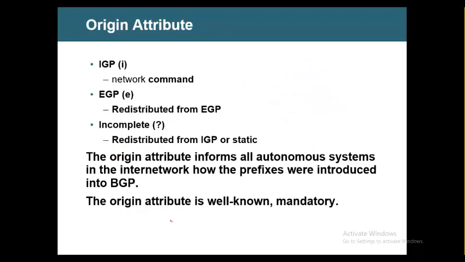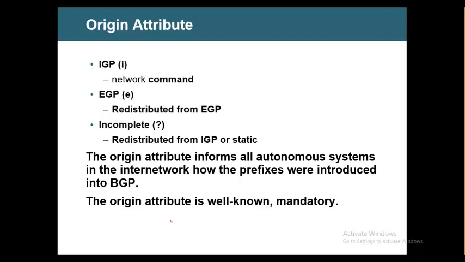See, the origin attribute, as I said earlier, shows how this network is injected. Once upon a time, there was a protocol called EGP, like BGP. So when a route is given by BGP, high preference is given, and when a route is given by EGP, next preference is given, and for redistribution, the last preference.